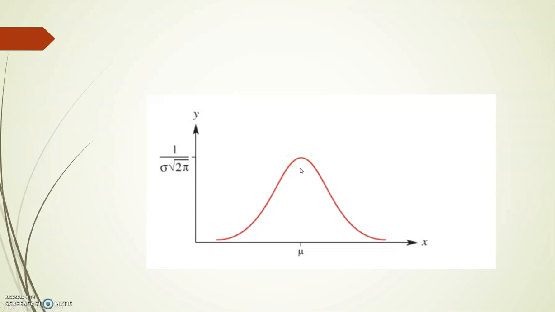The standard deviation also has a role in the curve. The x-coordinate of the peak is mu, and the y-coordinate is this value over here. It's 1 over sigma times the square root of 2 pi, where sigma is the standard deviation.